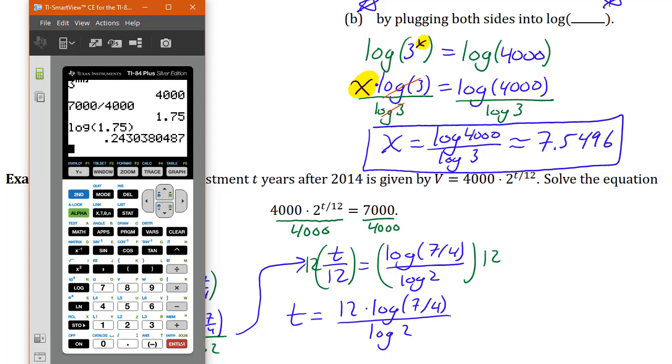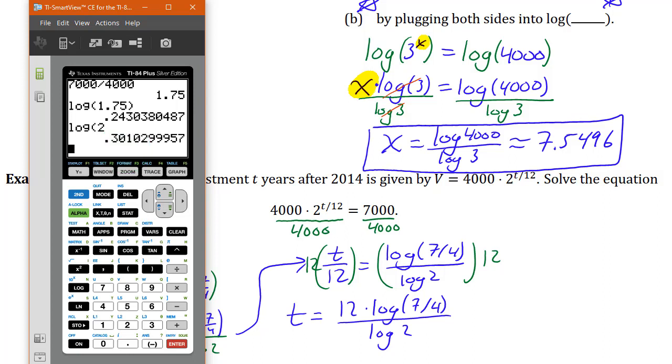0.24. And a lot of students have a tendency to round to 2 decimal places, so you might round it to 0.24. And then you get log of 2, you get 0.30 if you round that to 2 decimal places.